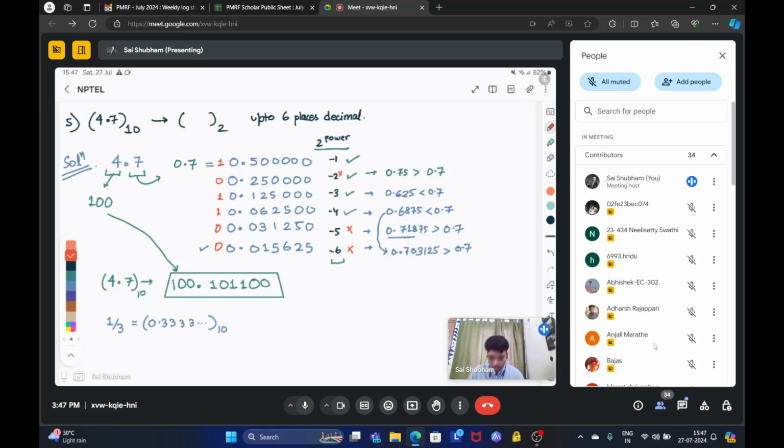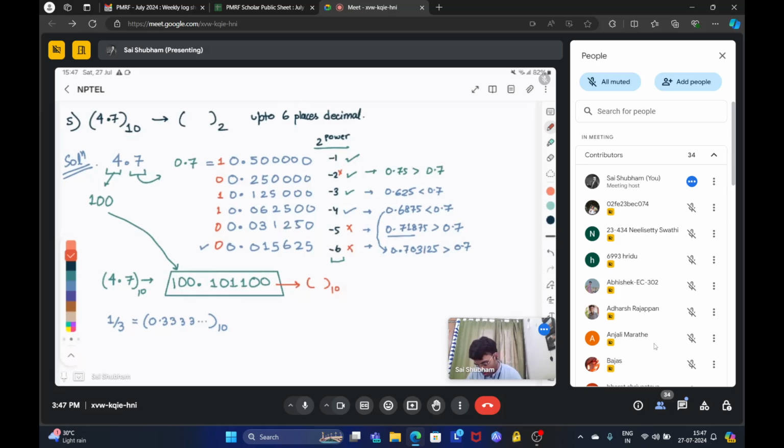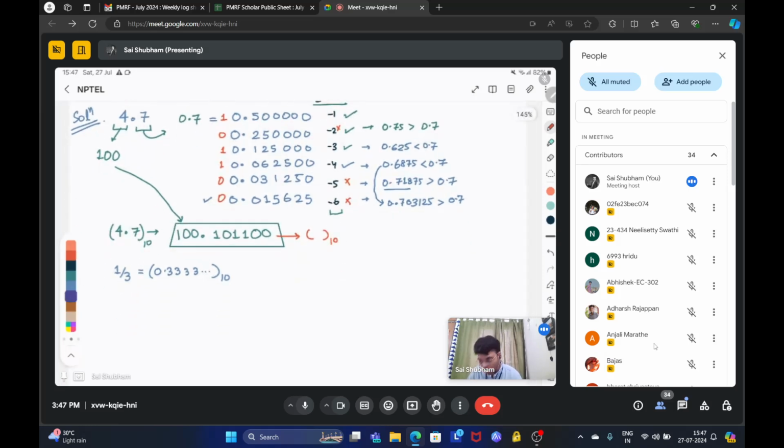Yeah, but the catch is that when you convert this number back to the decimal system, it won't be exactly equal to 4.7. So there will be some error associated with it. This is a precision problem in our modern computing systems, that the conversions are not exactly equal. Sometimes there is some loss.